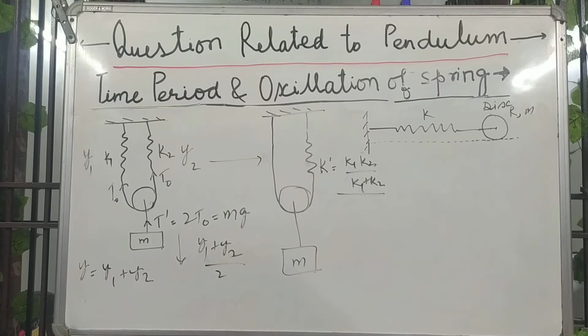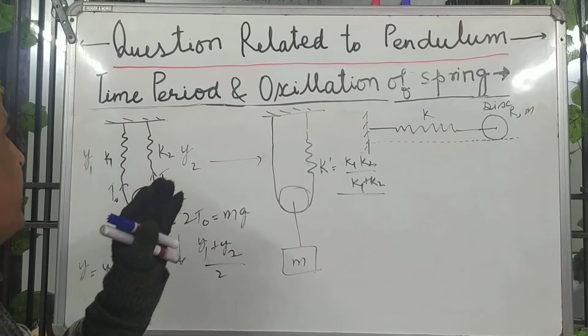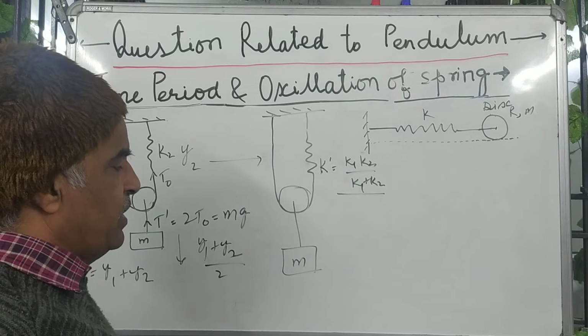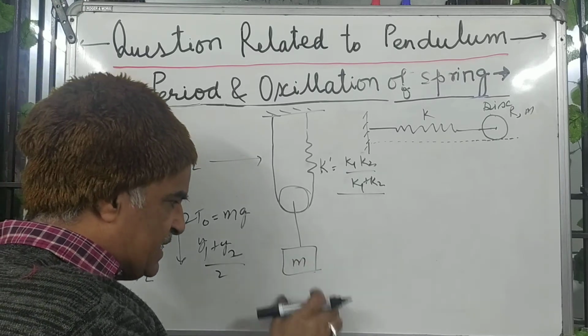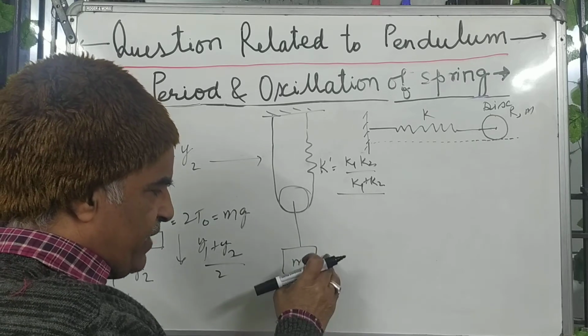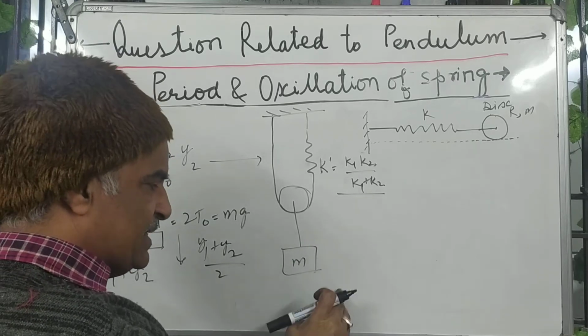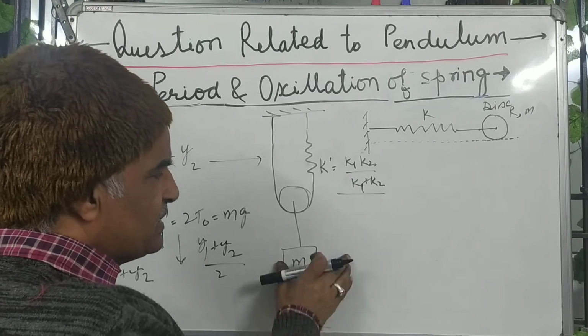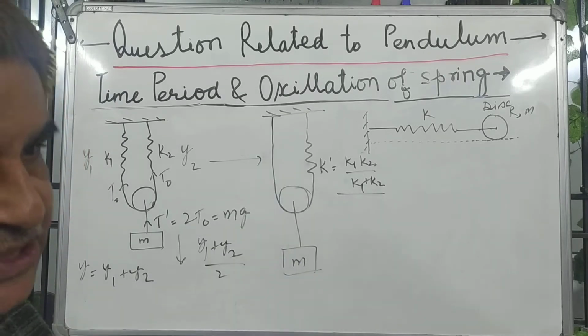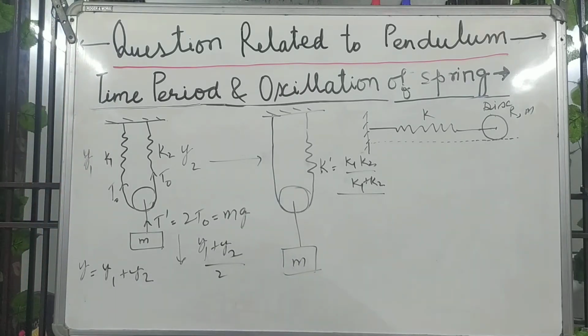Now the question, what will be the time period? In the beginning I told you to use the energy equation. If it is displaced a little bit downwards, it will oscillate, and it will gain kinetic energy and the resultant spring will gain spring potential energy.